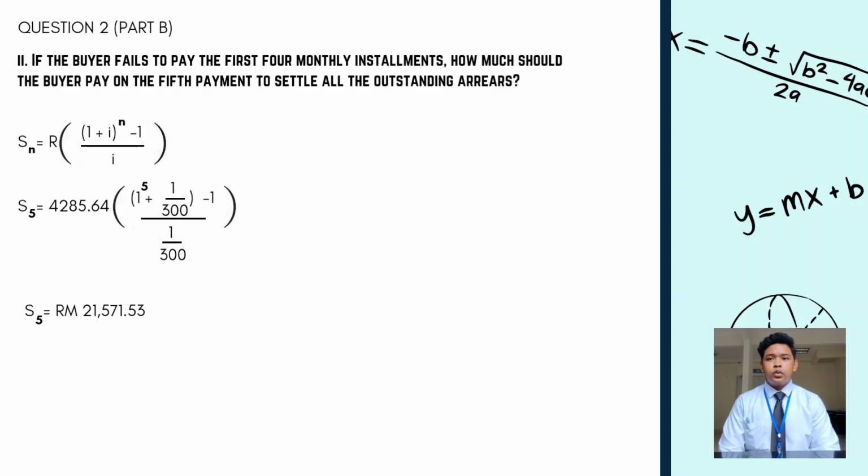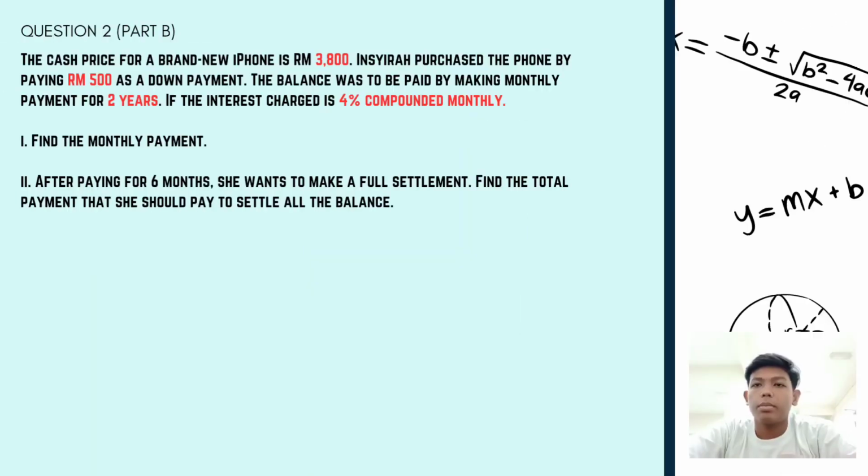So S5 equals 4285.64 in bracket 1 plus 1 over 300 to the power of 5 minus 1 divided by 1 over 300. We can solve the equation and S5 is 21,571.53 ringgit.